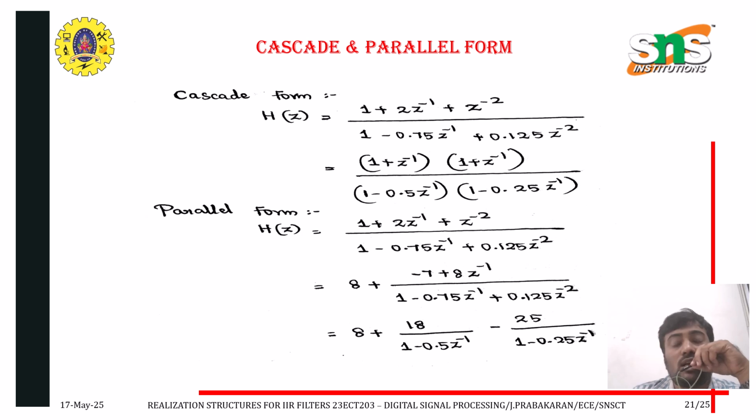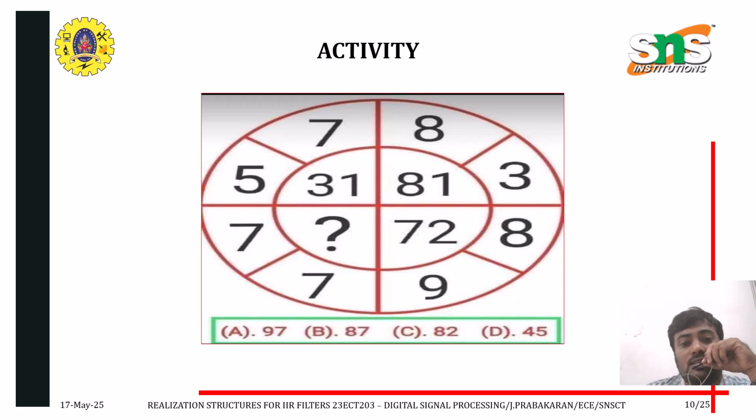H1 of z is realized using direct form 2, and H2 of z is also realized using direct form 2. Then both outputs are connected in series. This is the cascade form.